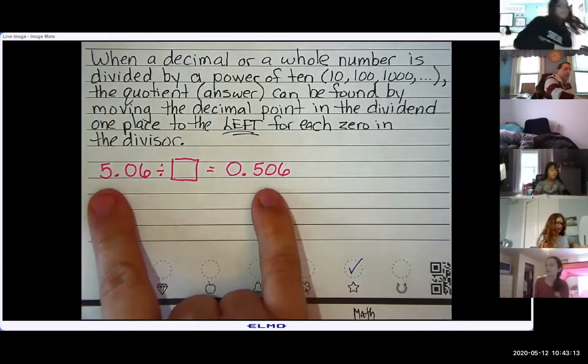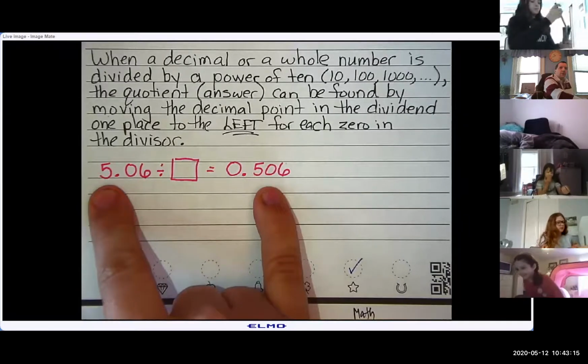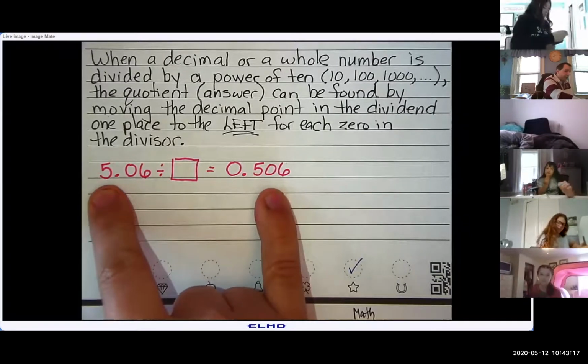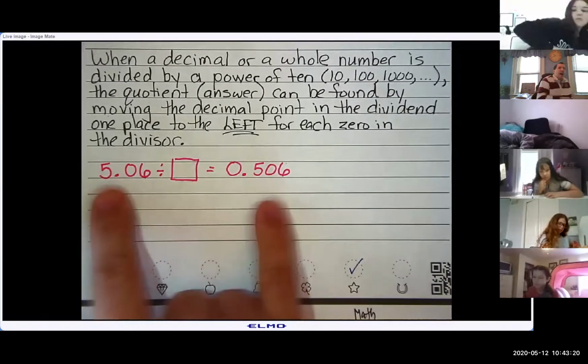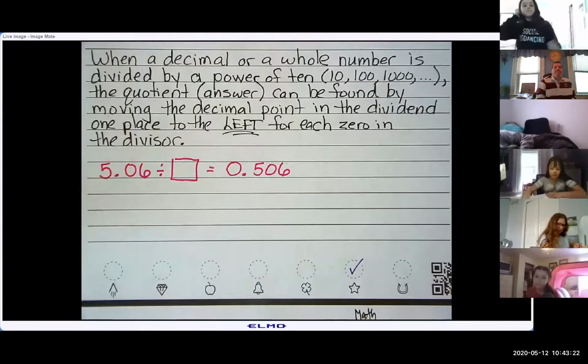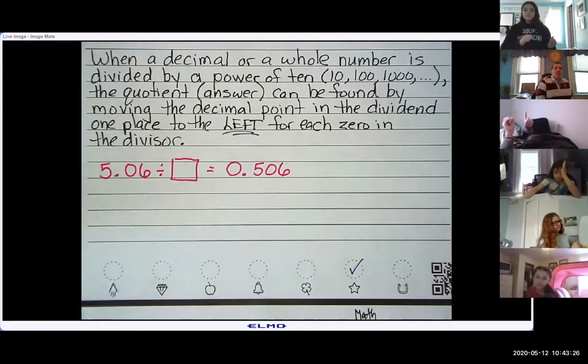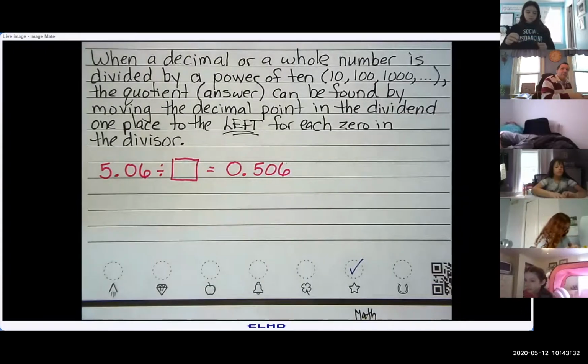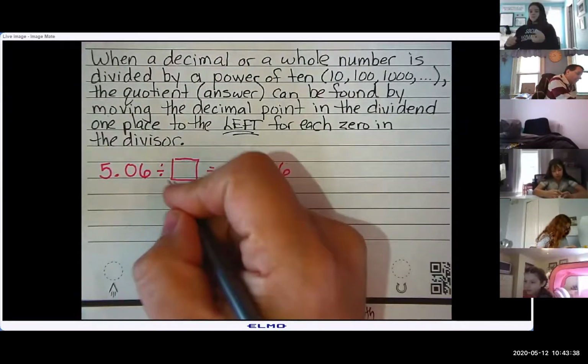Did my value increase or decrease? It decreased. By how much? What am I dividing by, Riley-O? You're dividing by 10. That's correct.